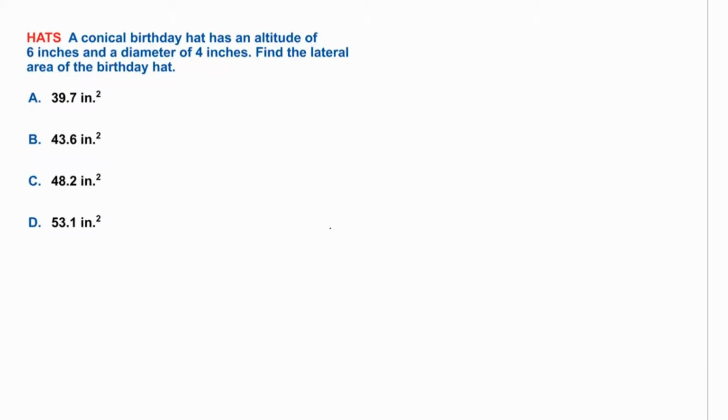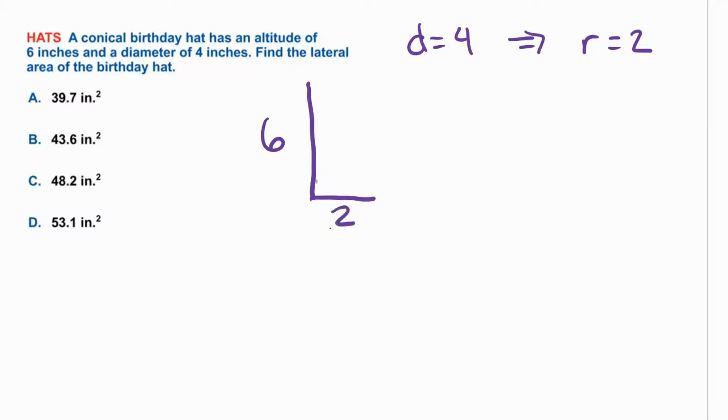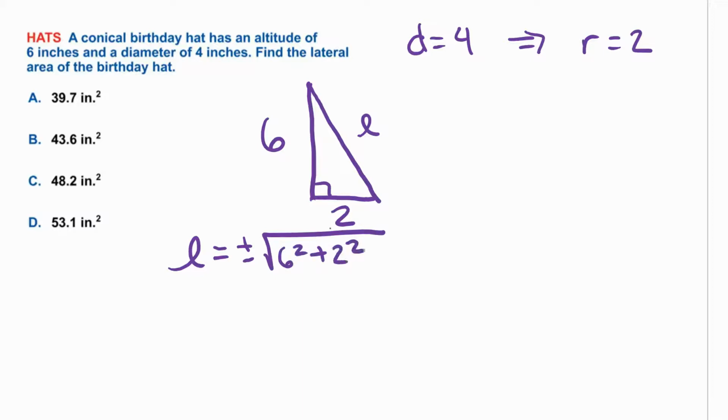A birthday hat has an altitude of 6 inches. So the altitude would be 6 inches, and a diameter that equals 4 inches, which would give us that the radius would equal 2 inches. We need the slant height. So the slant height would equal plus or minus the square root of 6 squared plus 2 squared, which would give us plus or minus the square root of 40.